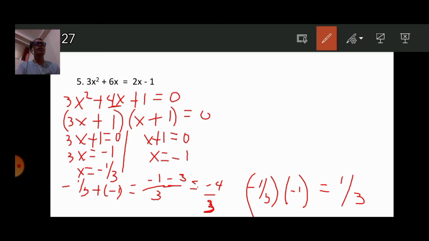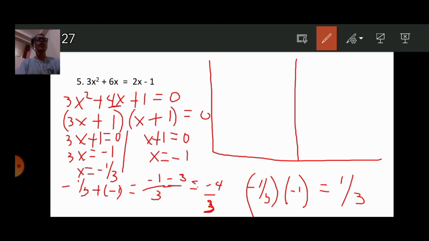1/3. So if you are going to solve it using the formula, r sub 1 plus r sub 2 is equal to negative b/a, which is equal to negative b is 6 over a is 3.